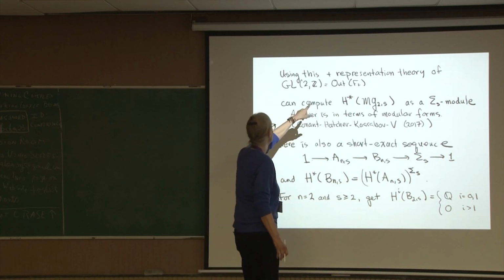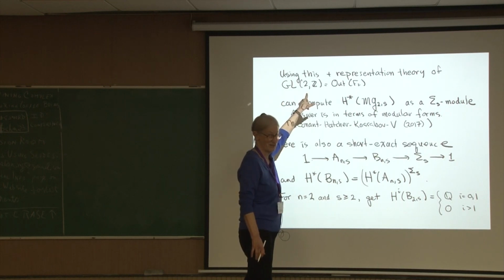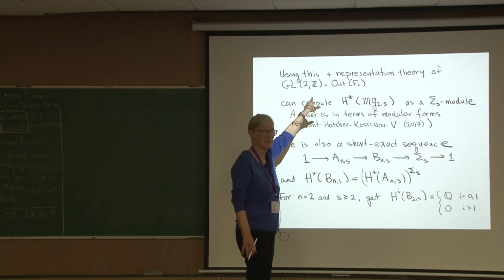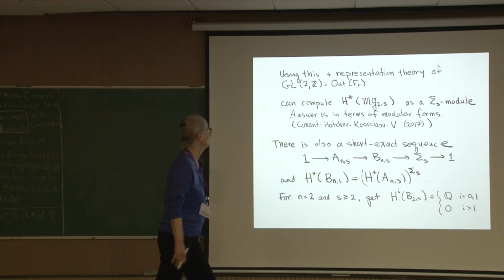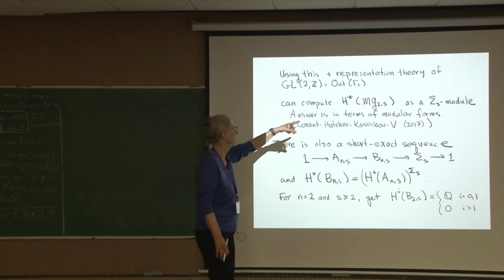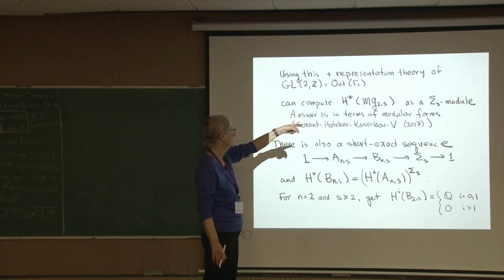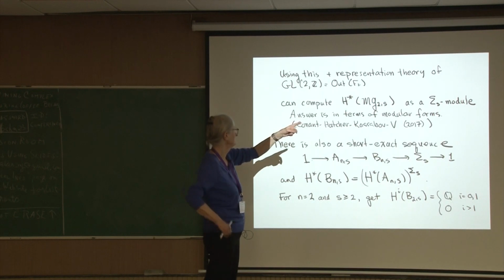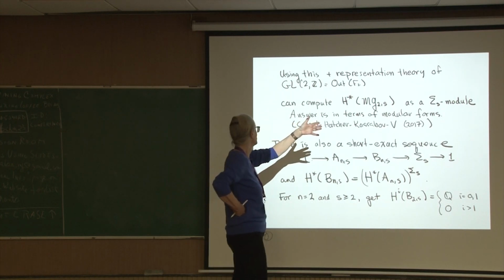And Out(F2) turns out to be actually isomorphic to GL2(Z). And people know a whole lot about the representation theory of GL2(Z). In fact, using that spectral sequence, you can compute the cohomology of MG2S as a symmetric group module over the number of punctures.